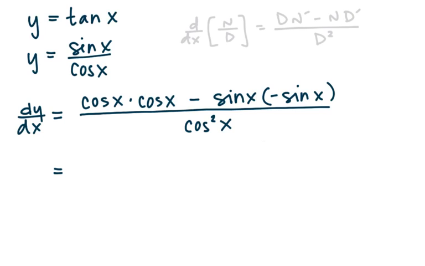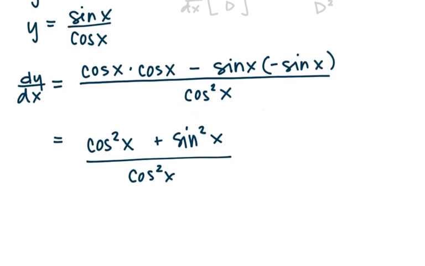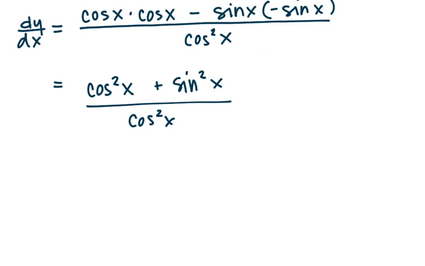So here we have in the numerator cosine squared x, and these two negatives, negative, negative, become positive sine squared x, all over cosine squared x. When we're dealing with trig functions, we always look for identities, and sine squared x plus cosine squared x is my Pythagorean identity, that's equal to 1.